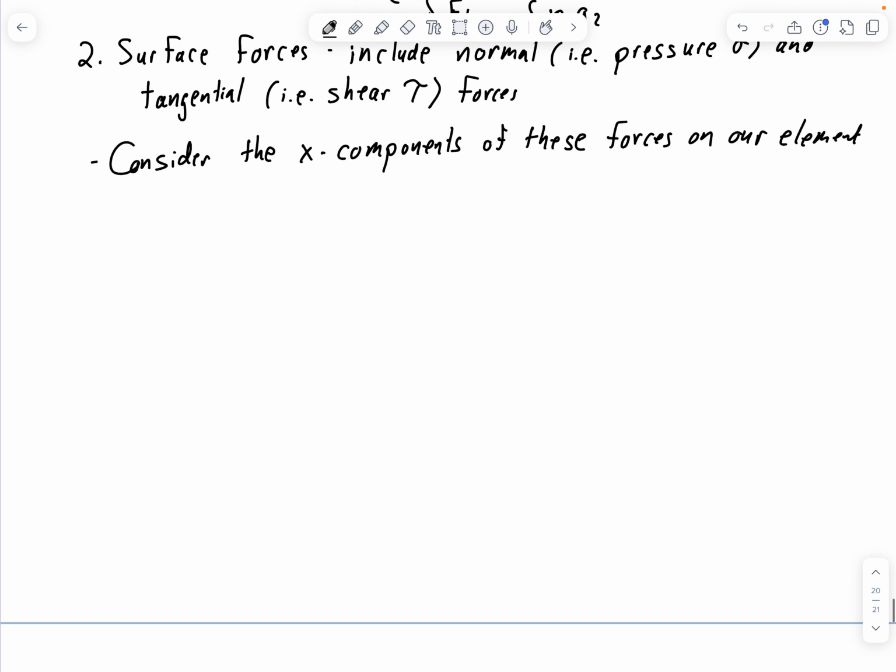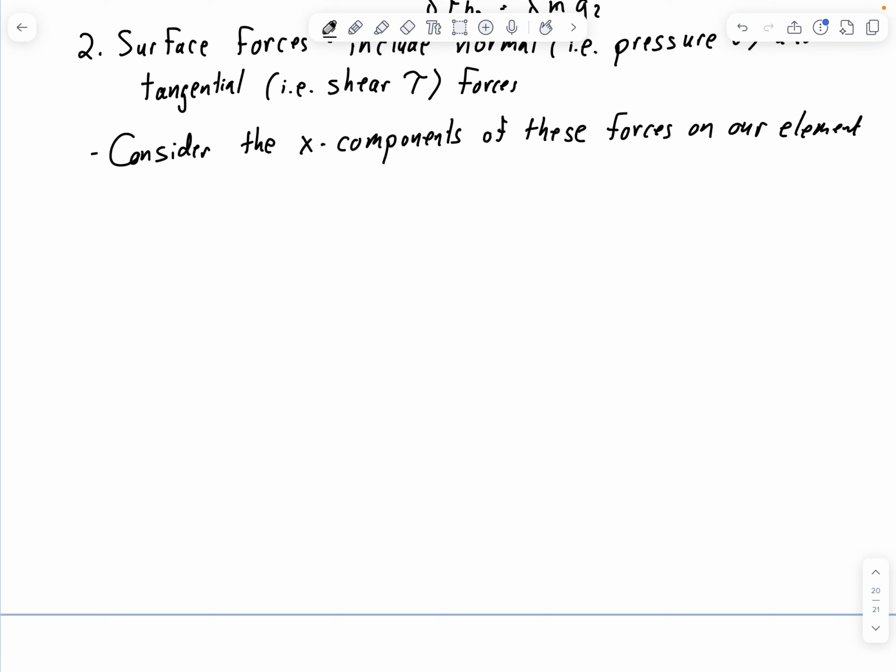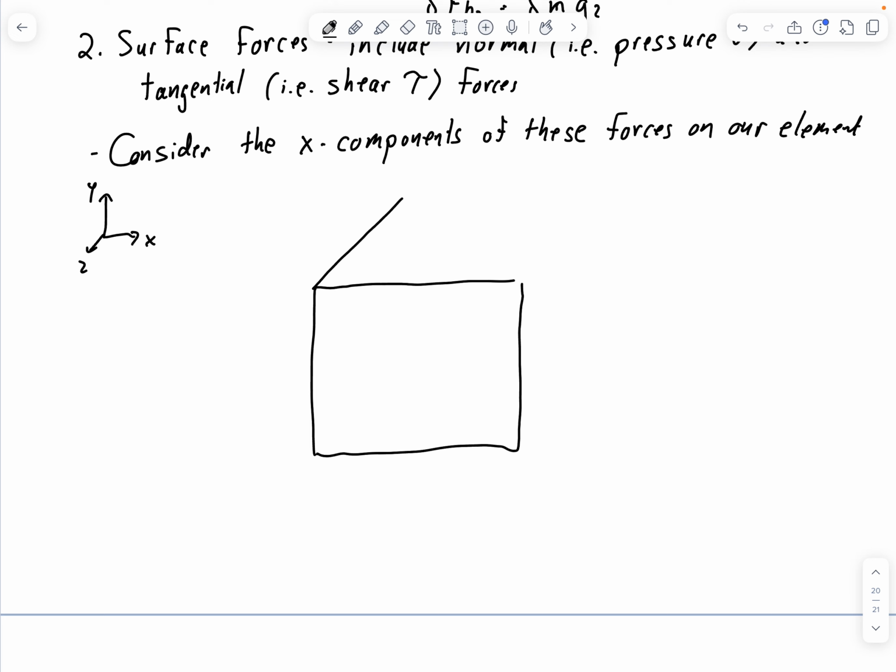Okay, given our coordinate system here with x to the right, z coming out of the page, and y increasing upwards, we're going to draw our little fluid element here as a cube, or something approximating a cube.